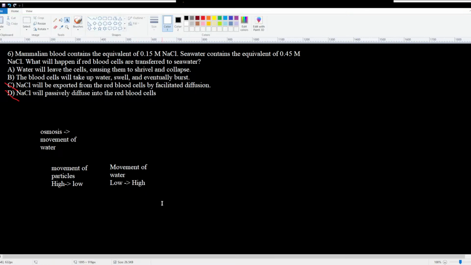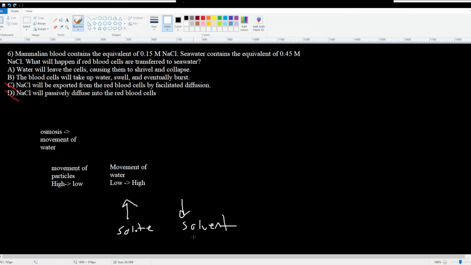So what does this mean, right? So water always wants to balance out, for example, in this case, 15 molar with 45 molar. So the more solute you have, by definition, the less solvent you're going to have.